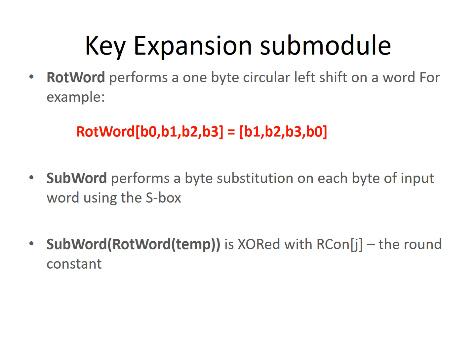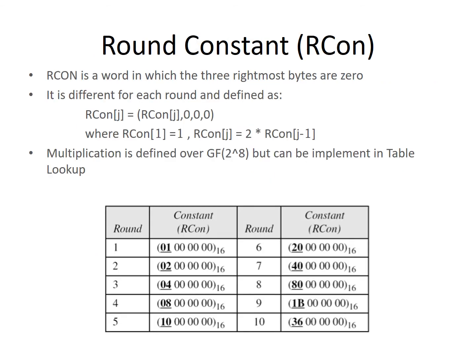Generally the round constant Rcon has a value like this: the 3 rightmost bytes are always kept as 0, and the remaining are constant values I have given here.